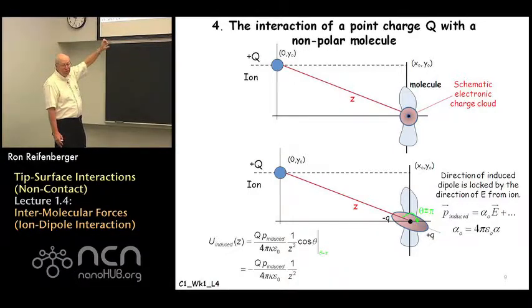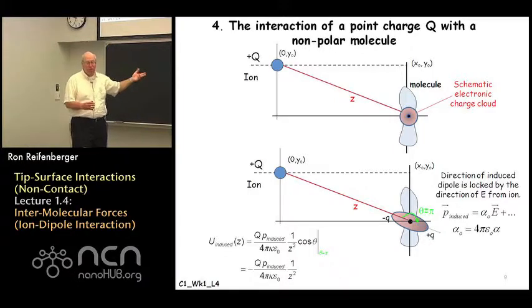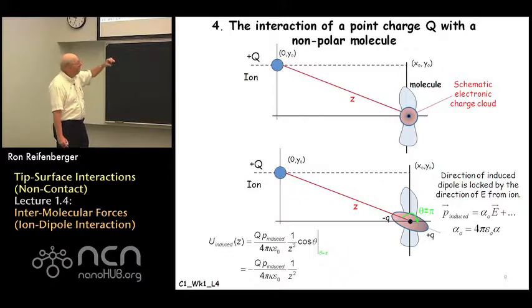The shift is going to be determined by the direction of the electric field that acts on this nonpolar molecule. Well, when we have a point charge plus Q, when we have an ion, the electric field from an ion is radially outward, right? So that dictates the orientation of this subtle rearrangement of the electronic wave functions.